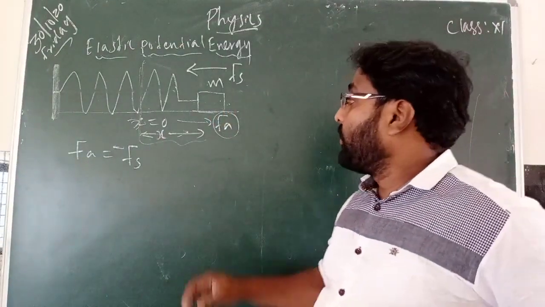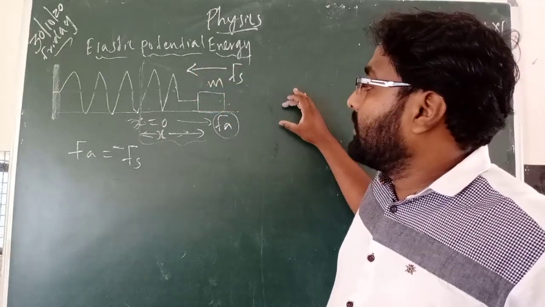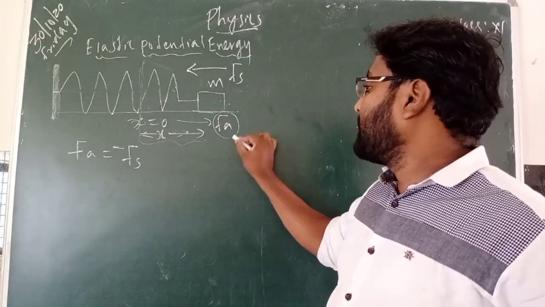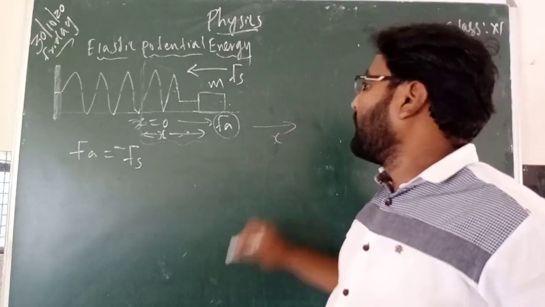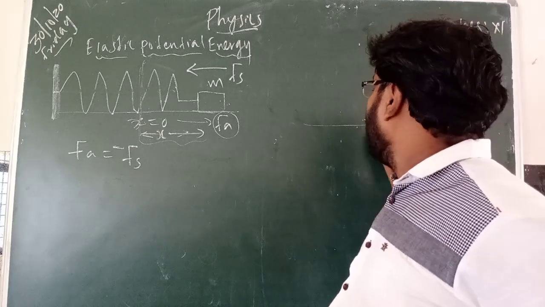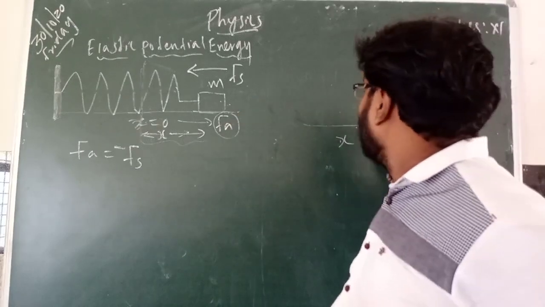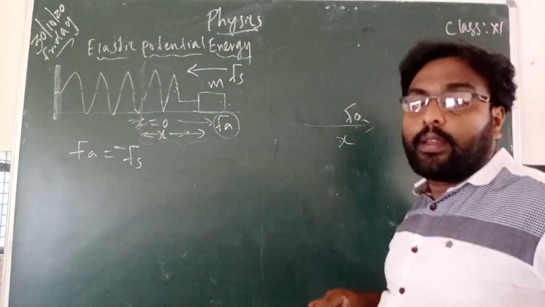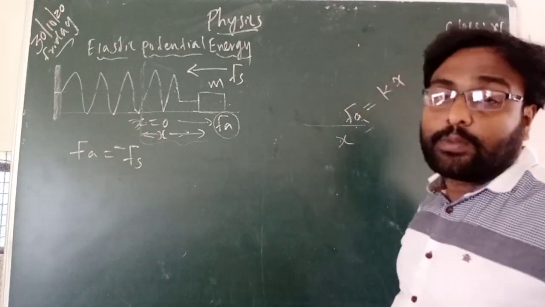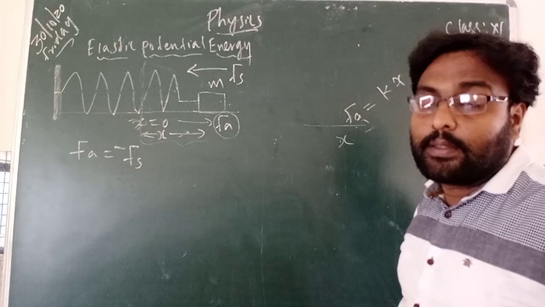You are applying the force to stretch this mass, in this direction, which means the x direction. And when we leave, we are applying the force Fa. So we can write Kx. It is the spring formula Kx.